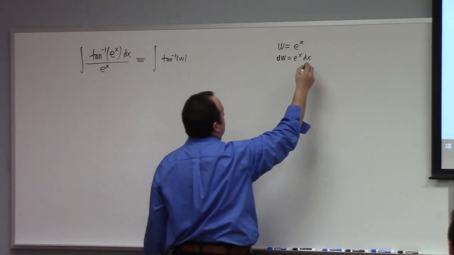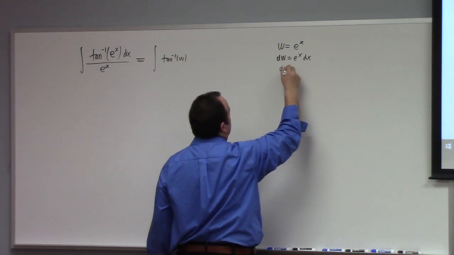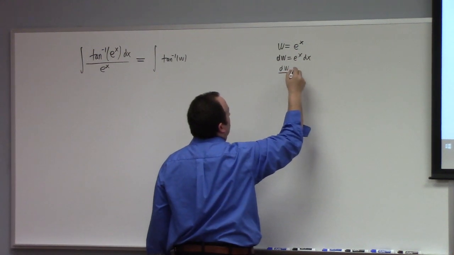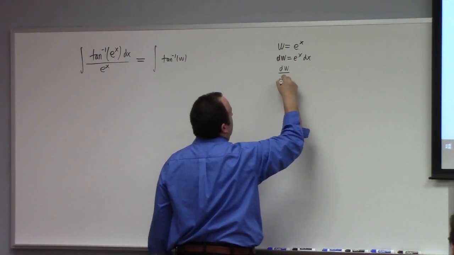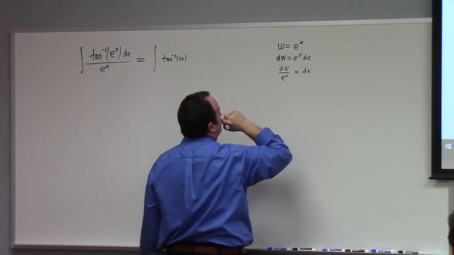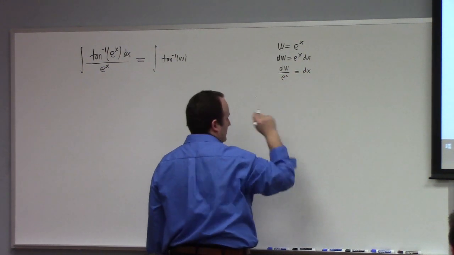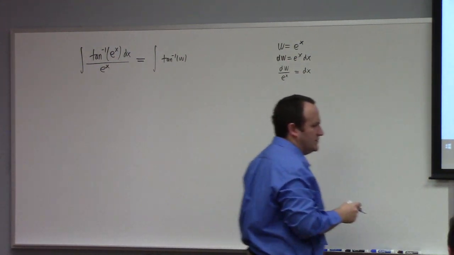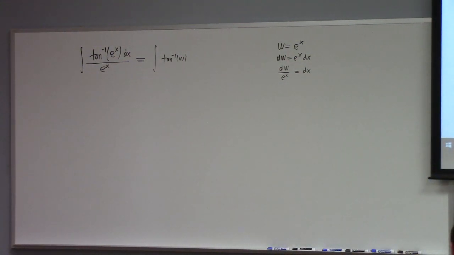Oh, look, so this says that dw over e to the x equals dx.